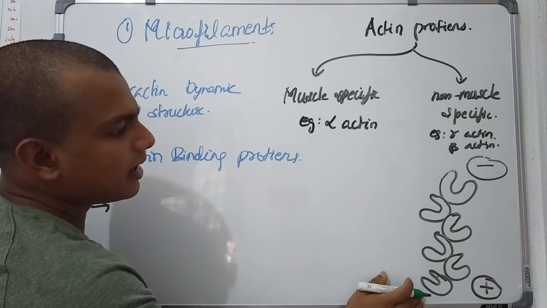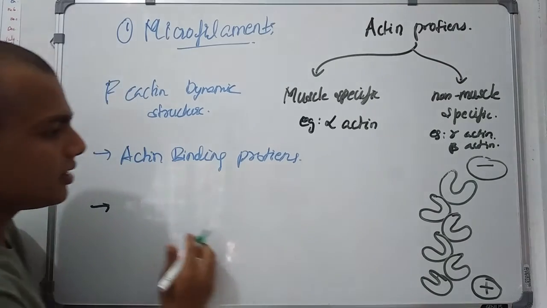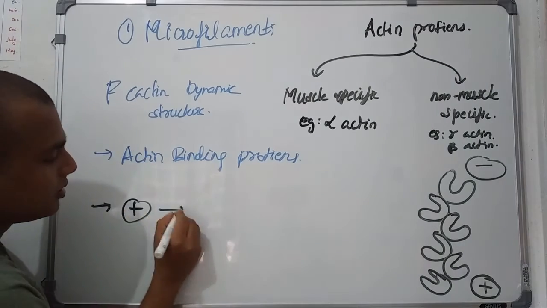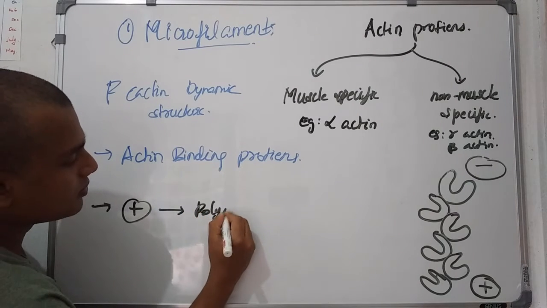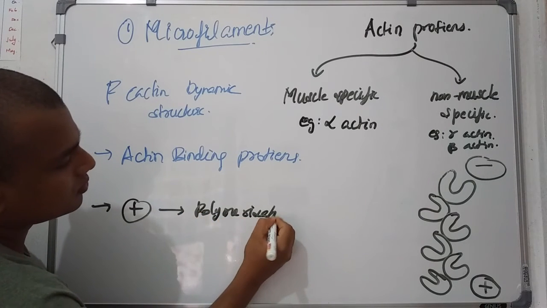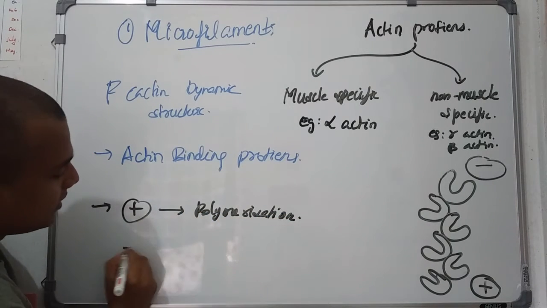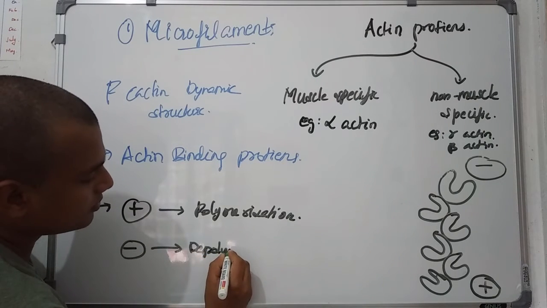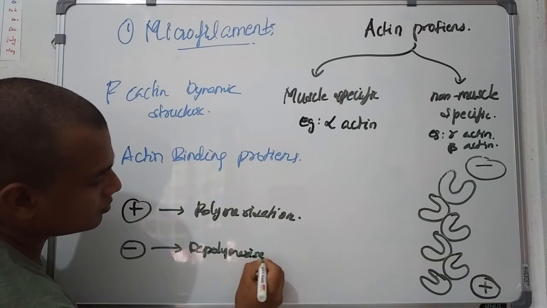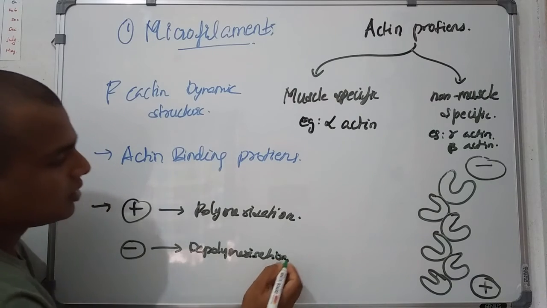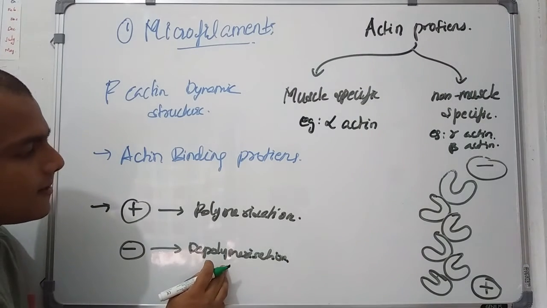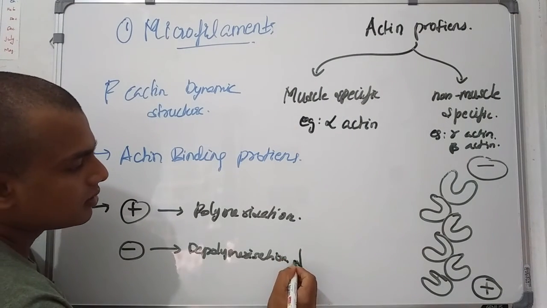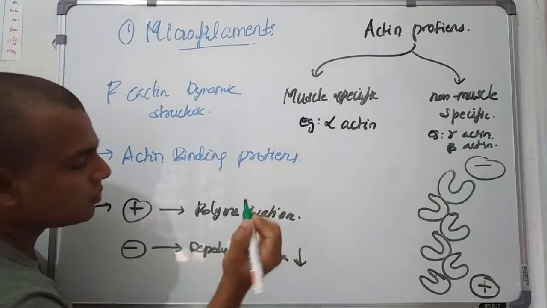At the positive end, polymerization happens, and at the negative end, depolymerization happens. The rate of depolymerization is lower compared to the rate of polymerization.